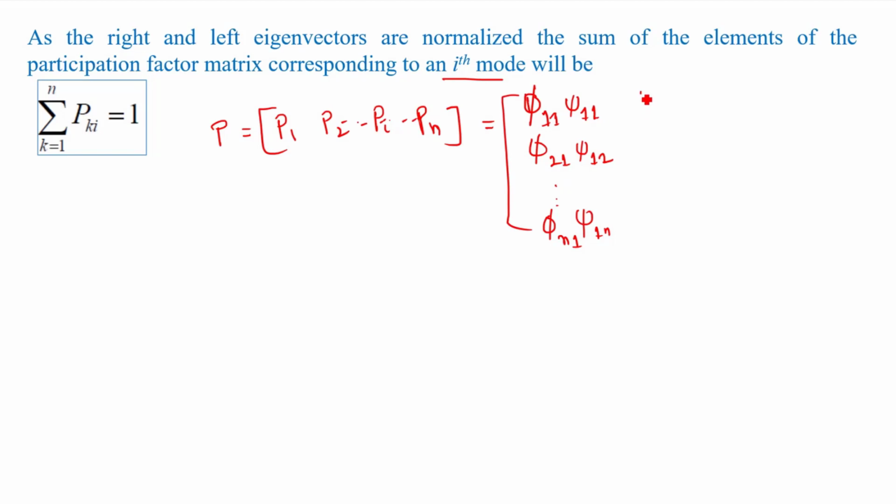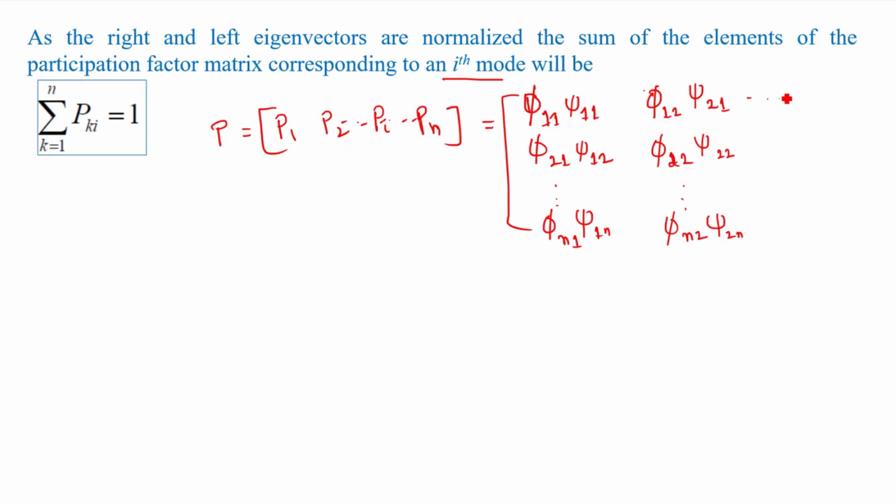Then the second vector will be phi of 1 2, psi of 2 1, phi of 2 2, psi of 2 2, right? So this will give me phi of n2, psi of n2, psi of 2n, right?